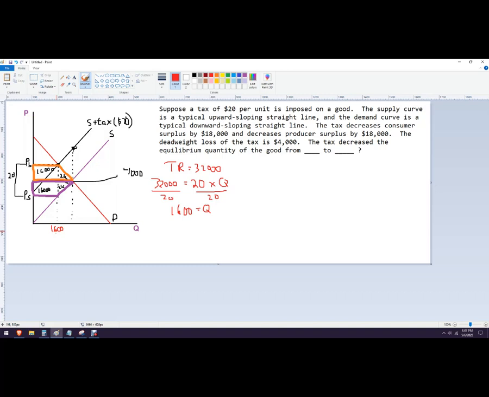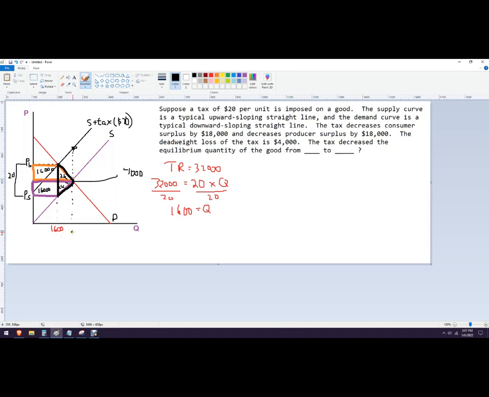Okay, now I need to know how much quantity there was before the tax was imposed. So it's the front end of whatever this triangle is. Okay, so I know that this part is 20.